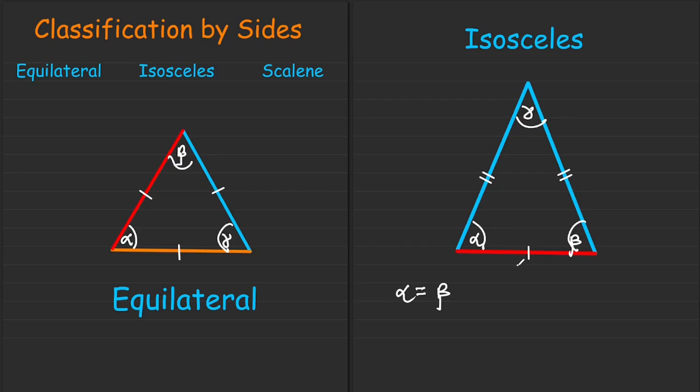So for an isosceles triangle, once again, it has two sides being the same, resulting in two angles being the same. Unlike the equilateral, where all the sides are the same, resulting in all the angles being the same, so alpha equals beta equals gamma. Isosceles has just two of its angles being the same, resulting in two sides also being the same. Now let's consider the last type of triangle, which is classified based on the sides.